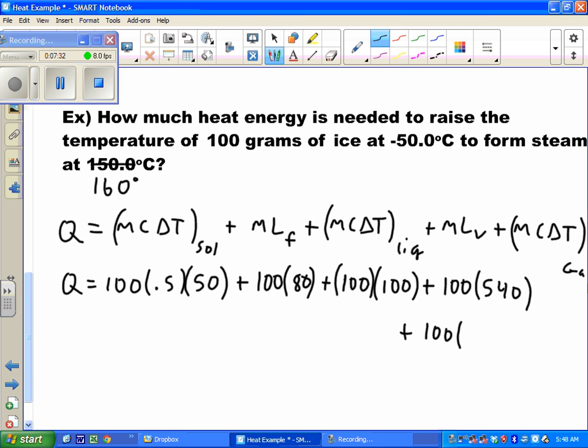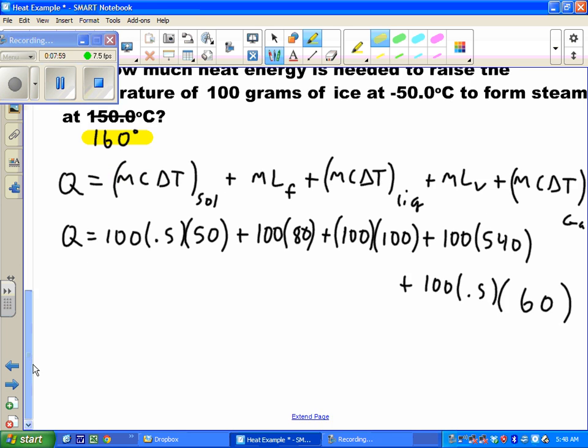The specific heat of steam, because we're dealing with our gas, is 0.5. And I need a temperature change for the gas. Well, the gas starts at 100 degrees. That's where it turns from water into steam. So it starts at 100 degrees, and we're only going to 160 degrees. So the change in temperature is 60 degrees, from 100 to 160.